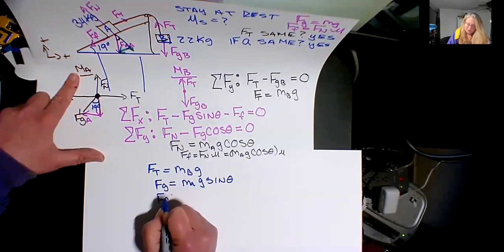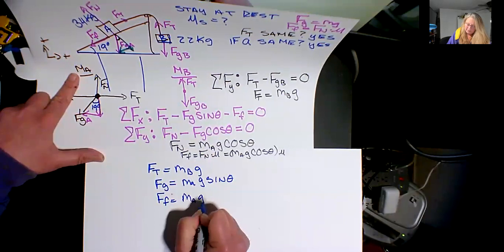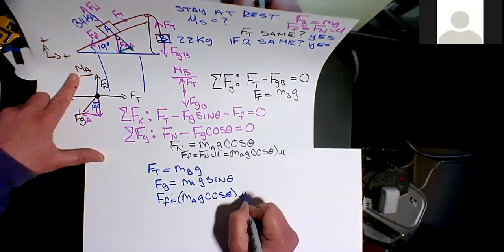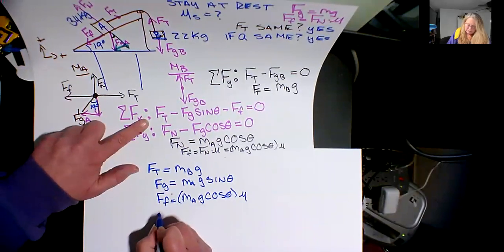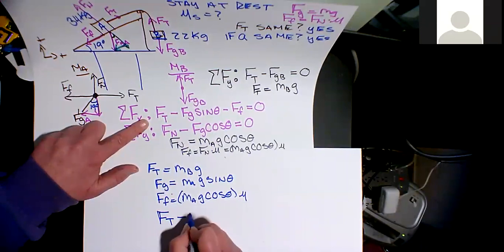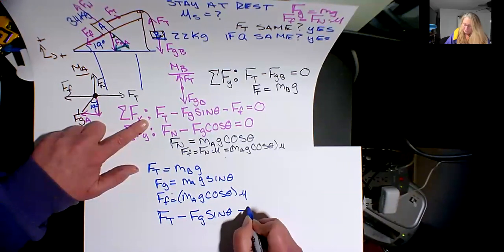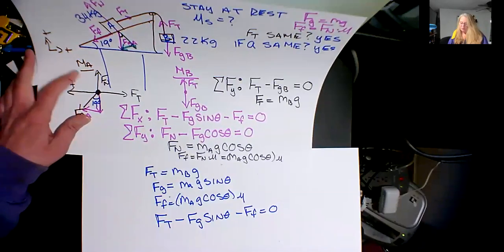And the force of friction, we just figured that one out, is mass A times gravity times cosine theta times mu. And so the equation that we wanted is that the force of tension minus the Fg sine theta minus the force of friction equals 0.